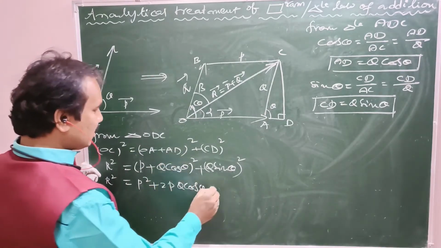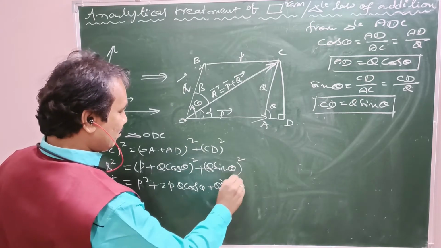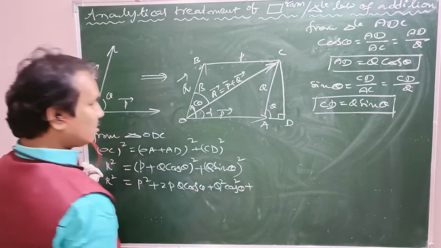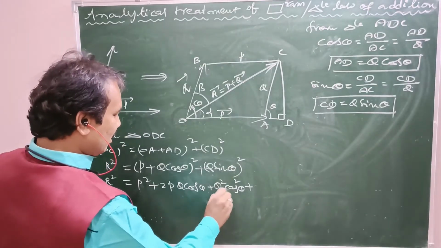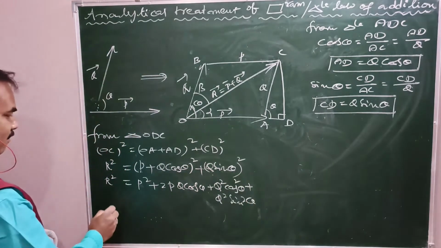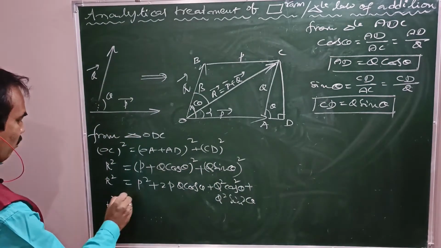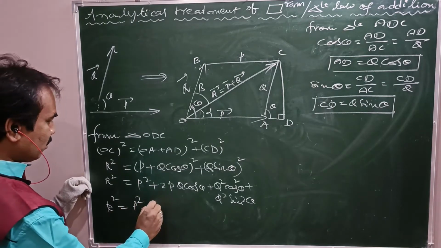B means Q cos theta. That is B square, Q square cos square theta, plus Q square sin square theta.